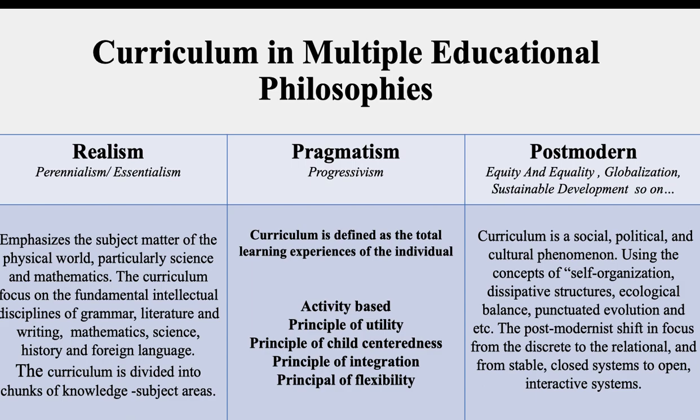So what does it mean, how is postmodernism looking at the curriculum definition? According to postmodernism, curriculum is so much interrelated. It has open boundaries. It is not just fixed to some specific school-related cognitive skills and behavior.